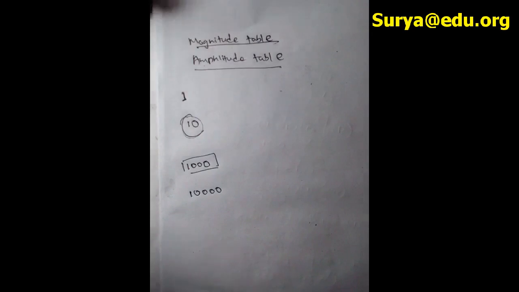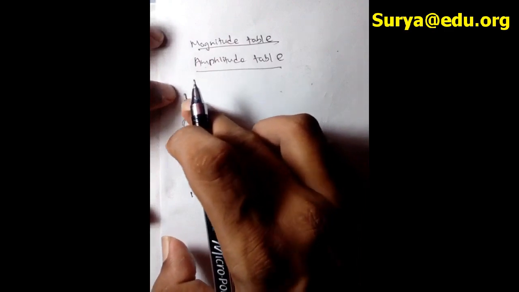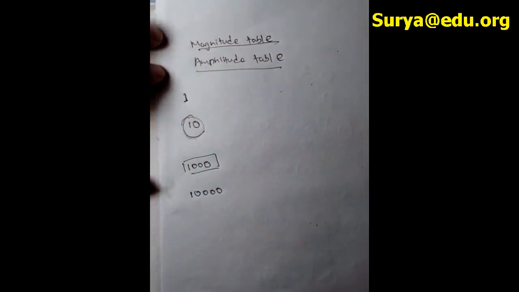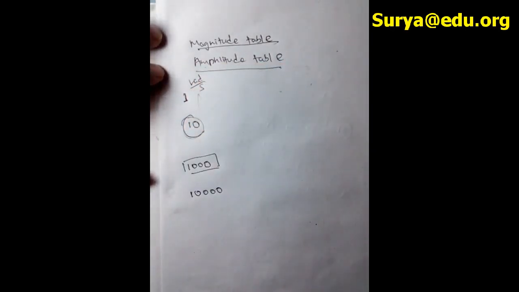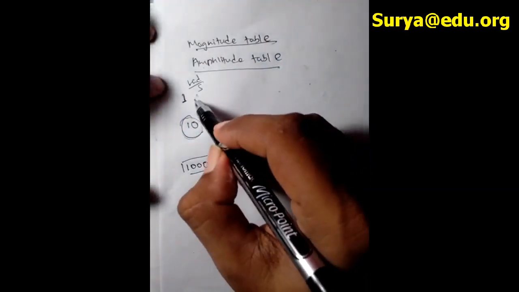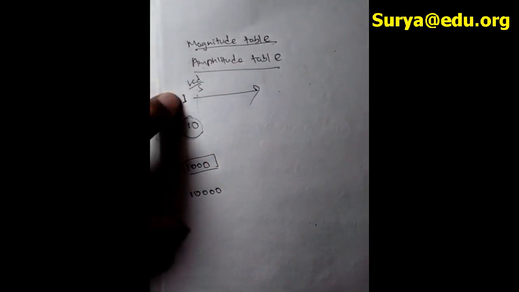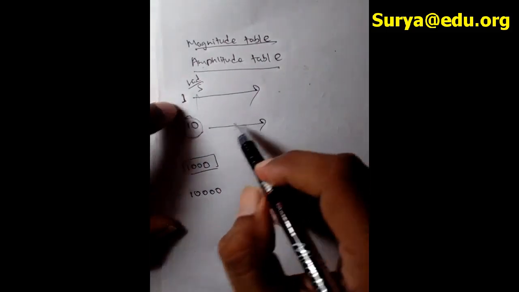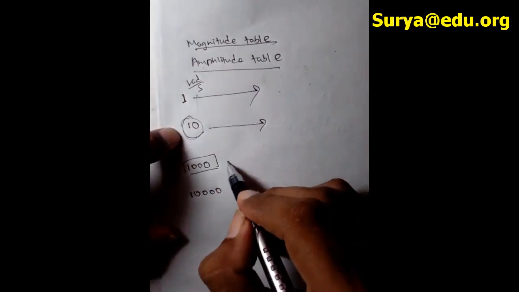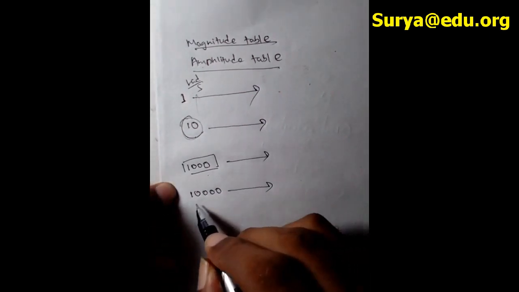So now what we need to do, we need to find something called magnitude with respect to these frequencies, right? So all these frequencies are in radians per second, you know. So now we need to find the magnitude at the corner frequency of 1, the magnitude for the corner frequency of 10, the magnitude for the corner frequency of 1000, the magnitude for the corner frequency of 10,000.